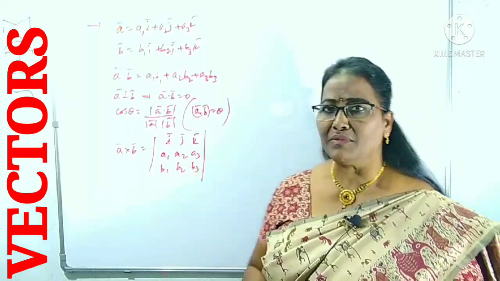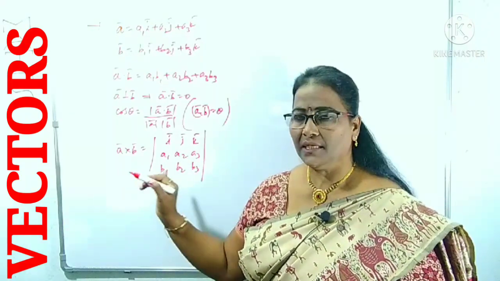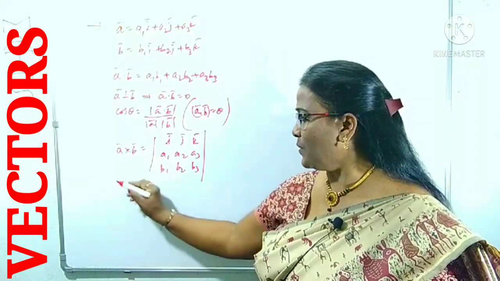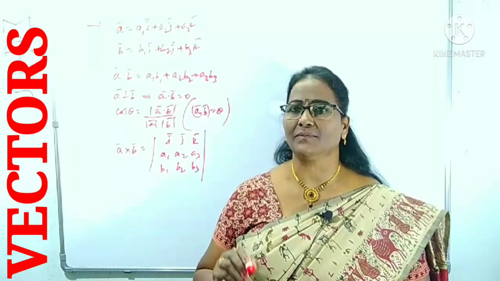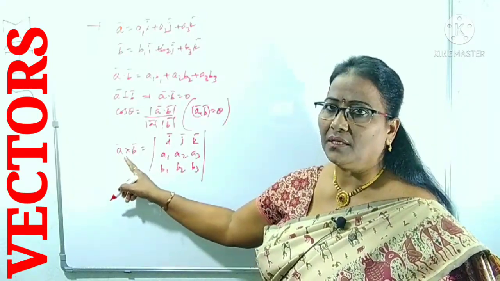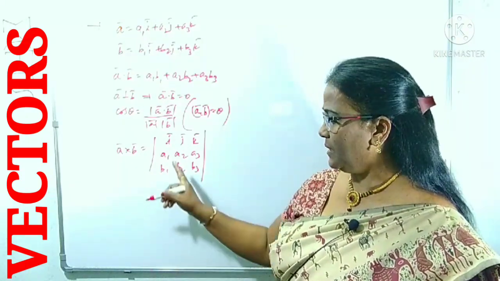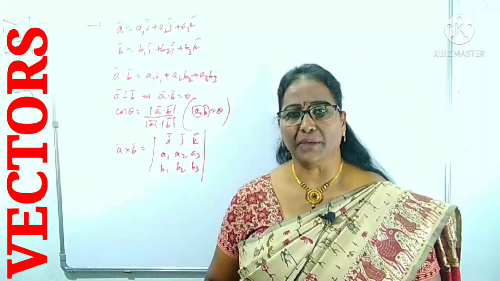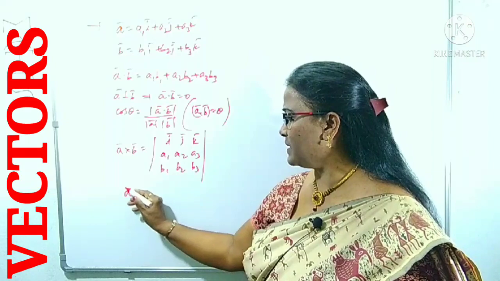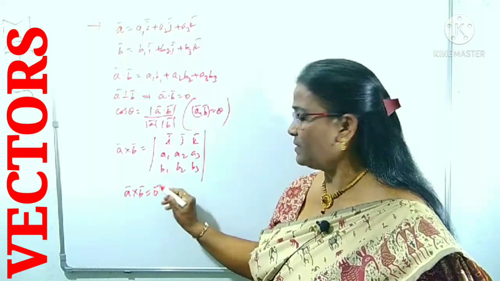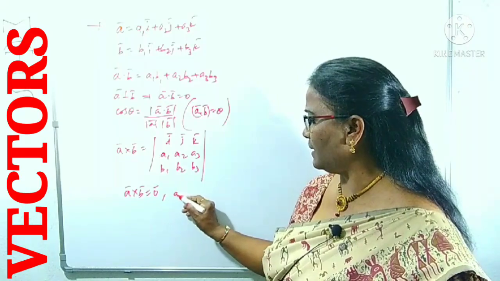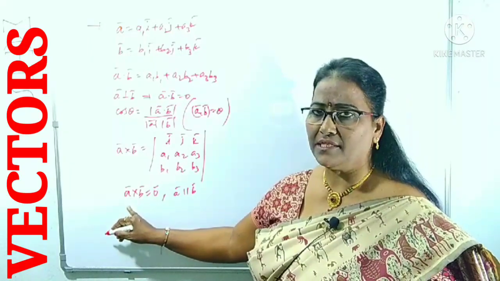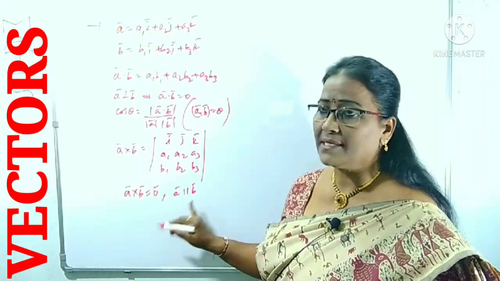After expanding this determinant, we can find A cross B. A cross B is the vector product. If we want to find its length, we can use the modulus, the length of the cross product of the two vectors A and B. By this determinant method, we can find A cross B. And when A cross B becomes the zero vector, called 0 bar, A is parallel to B, or either A is a zero vector or B is a zero vector.